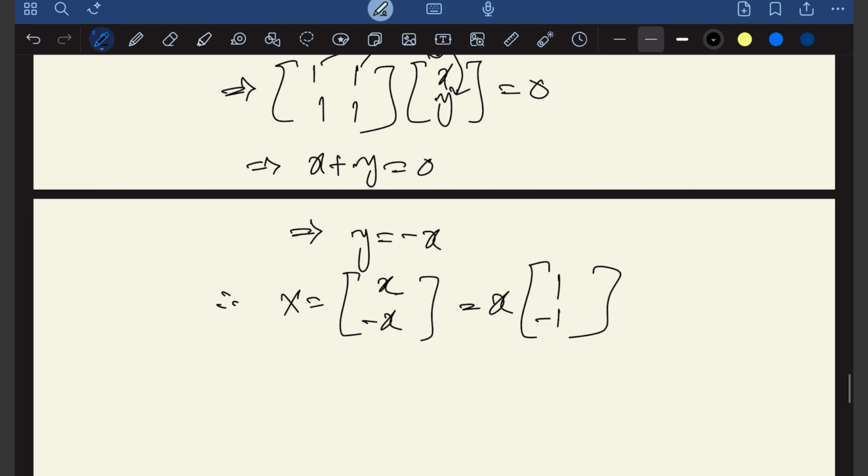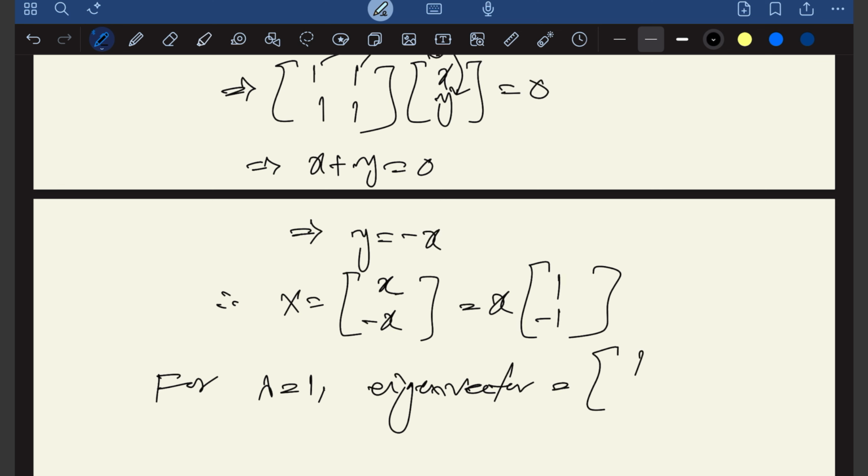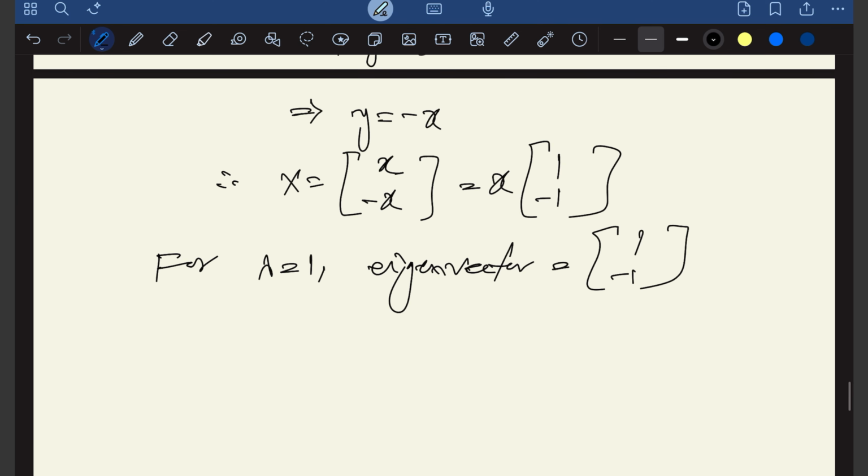So for lambda equal to 1, I am getting the eigenvector 1 minus 1. Hence finally, for lambda equal to 3, the eigenvector is 1 1.